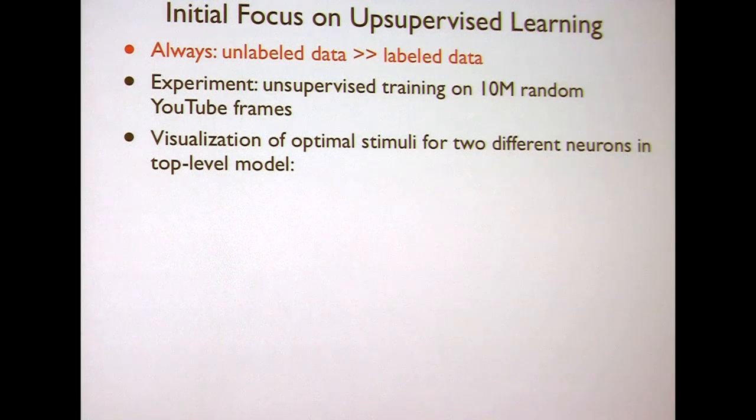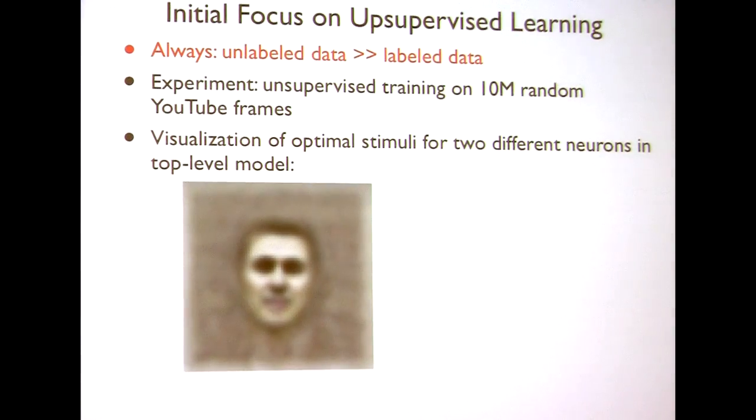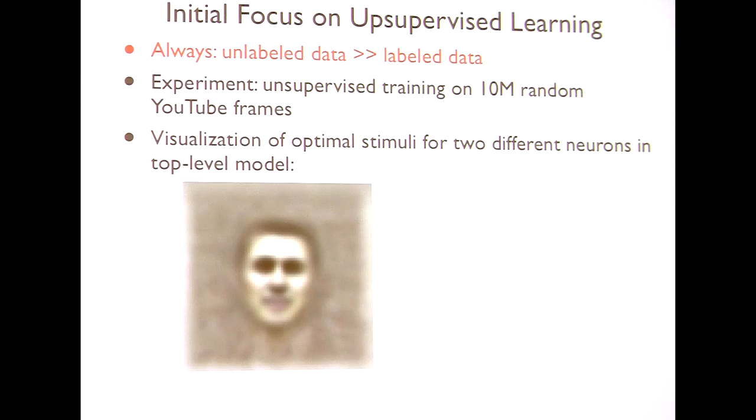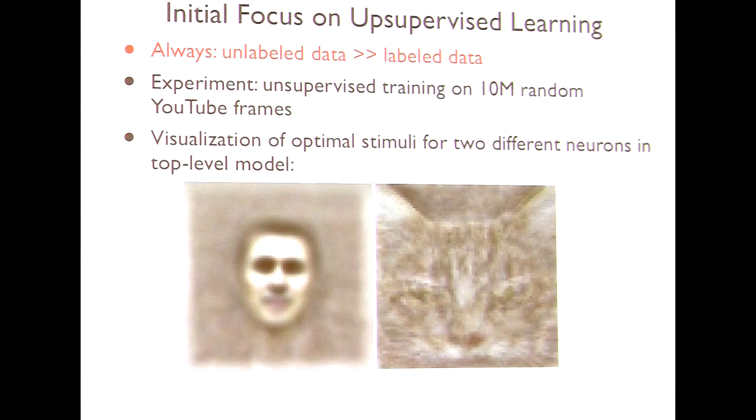And the one that we found, that is the optimal stimulus for that neuron. So essentially, the network, without ever being told what a face was, has developed a neuron that has invented the concept of a face, essentially, which is pretty cool. Since it's a YouTube data set, we have another neuron that has invented the concept of a cat.